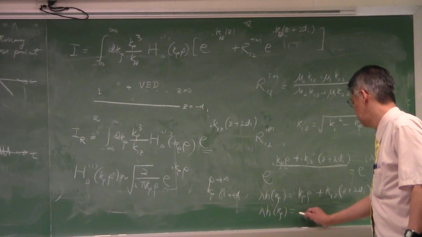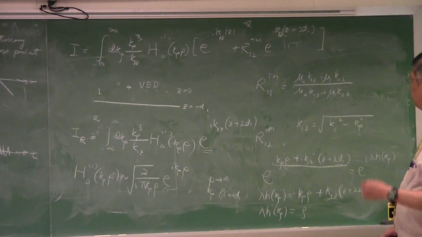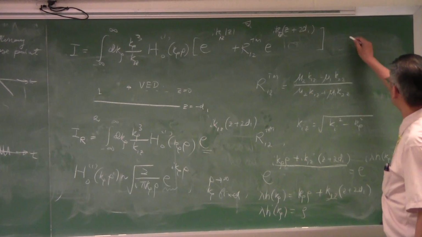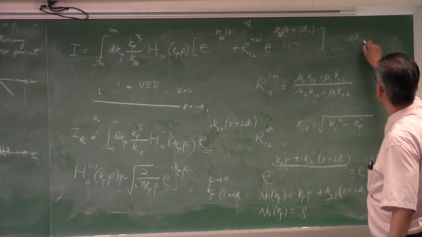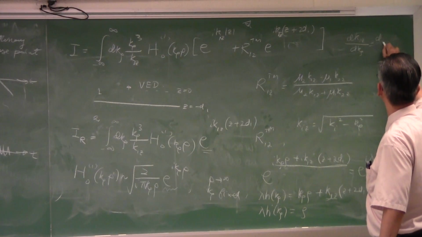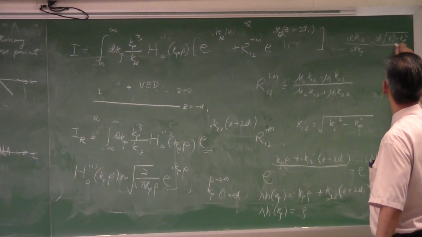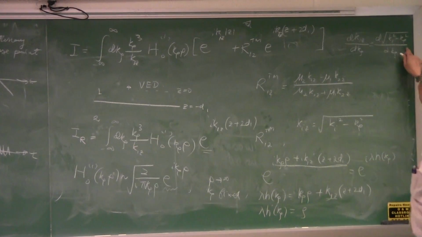The first term will just give me rho. The second term, I have to differentiate K1z with respect to K rho. It will be the differentiation of the square root of K1 squared minus K rho squared with respect to K rho.